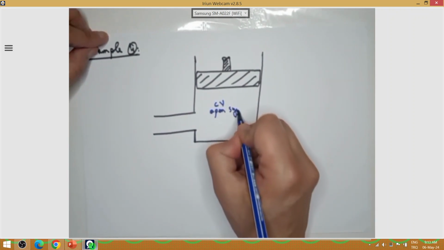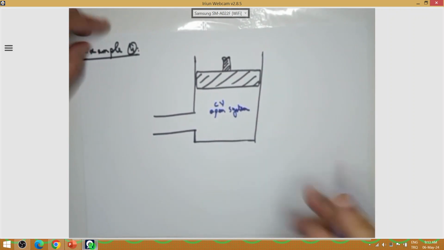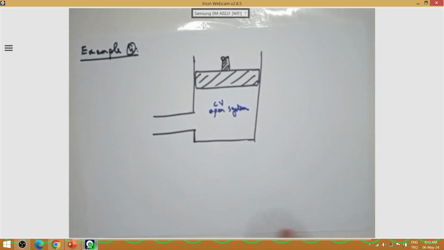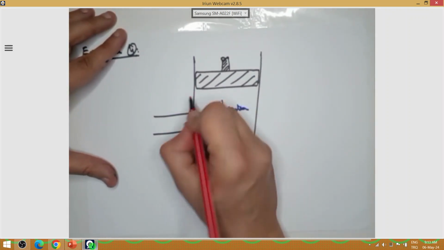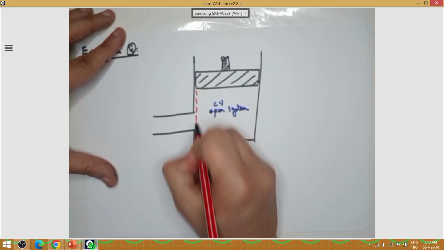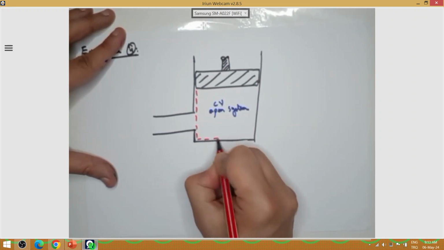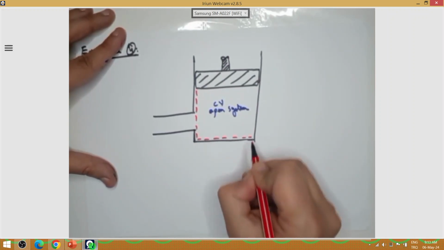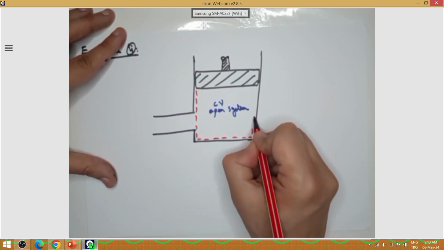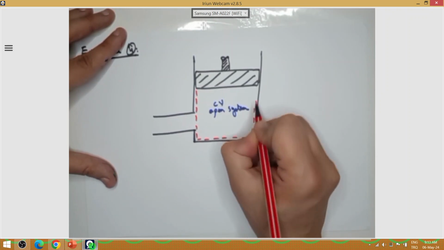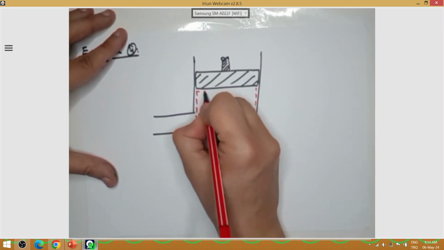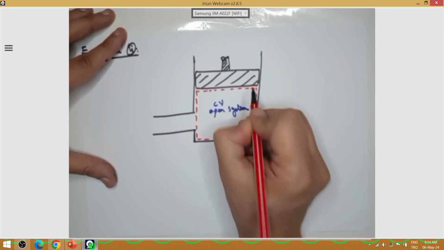Of course my open system has boundaries, so I have to draw the boundaries of my system. These are the boundaries of my open system, or the boundaries of my control volume.